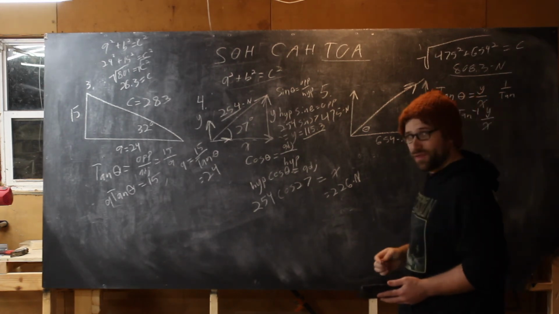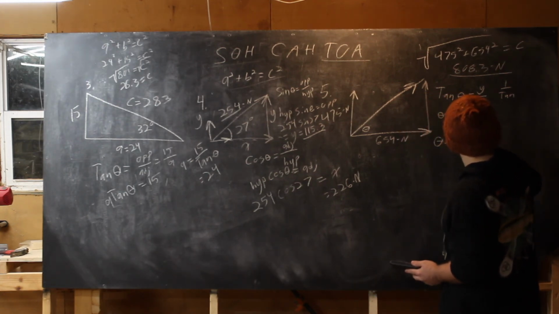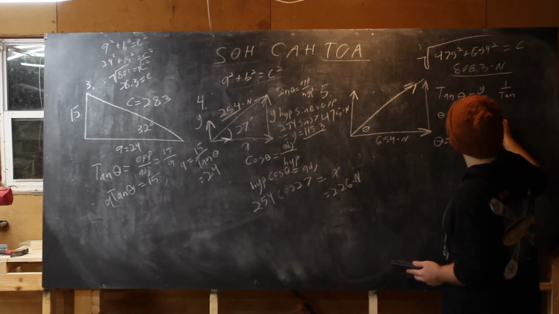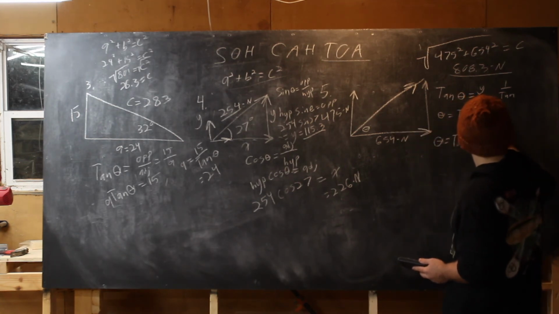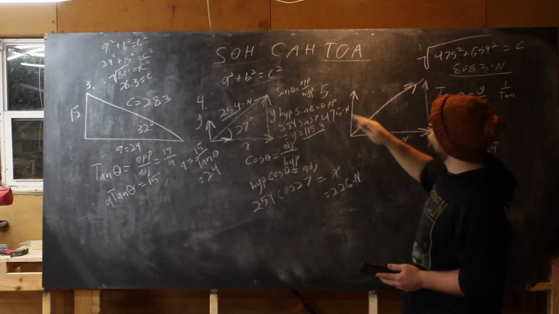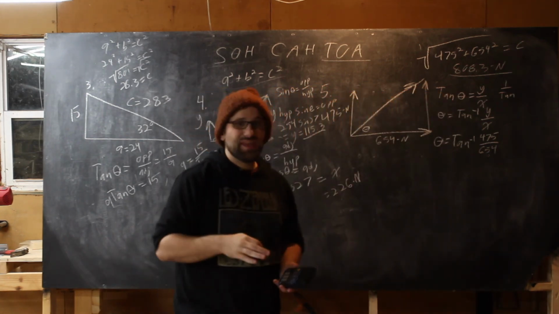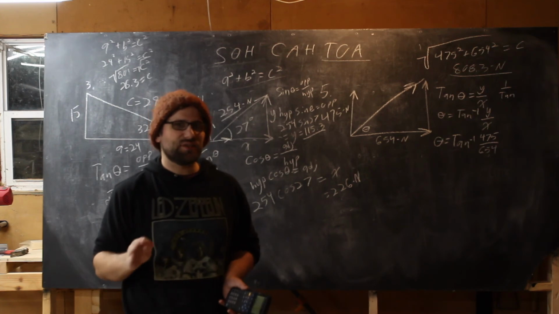So let's plug our values in for that and solve it. So theta is equal to tan negative 1 times y, which is 475, over x, 654. Now, the values for sine and cosine always need to end up being less than 1, but tangent, it's a very different function. It doesn't care as much.